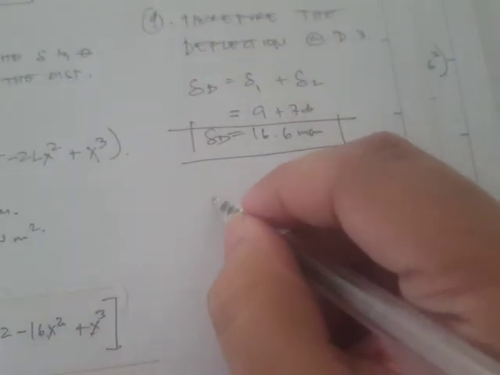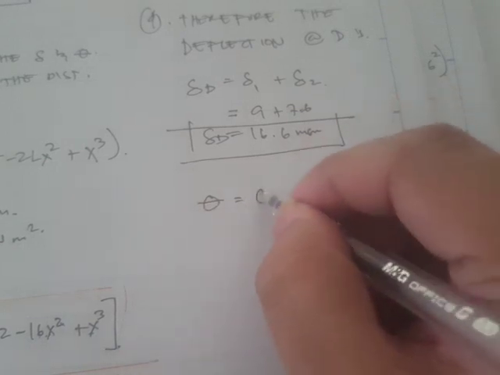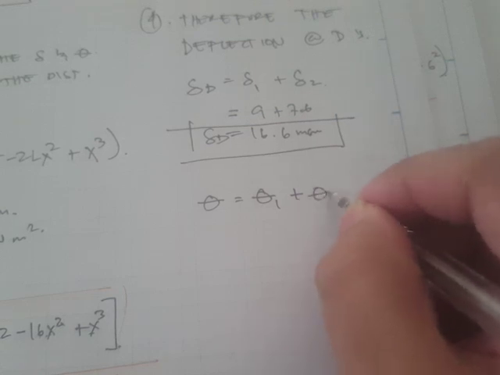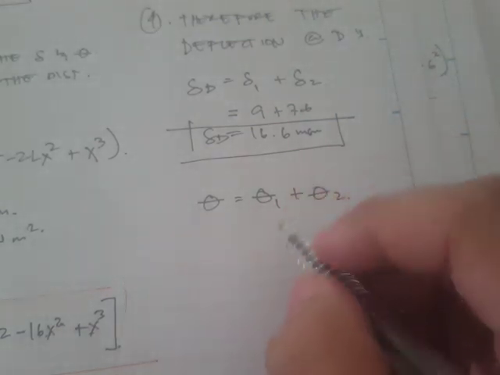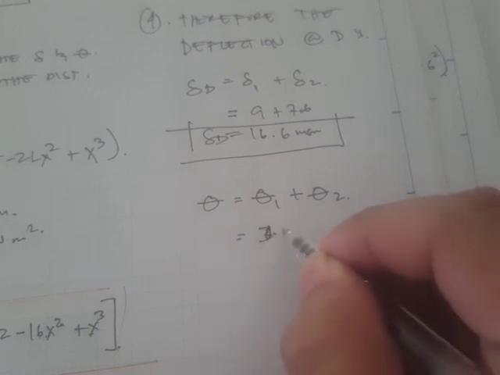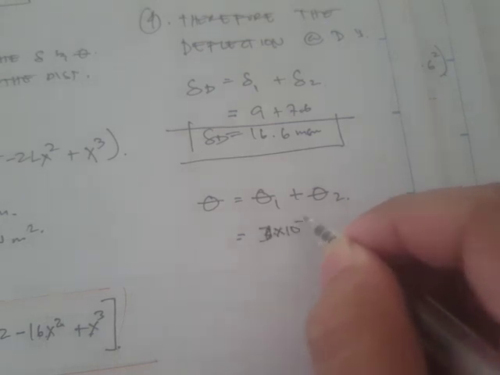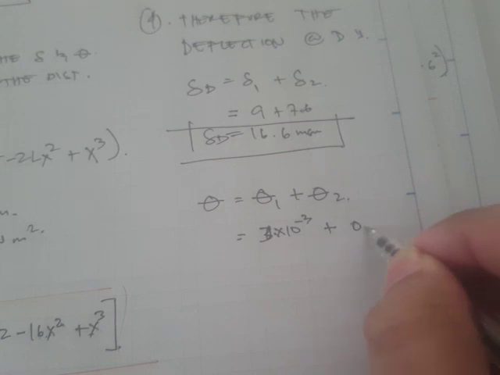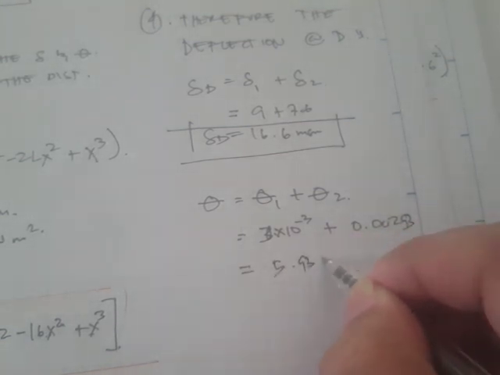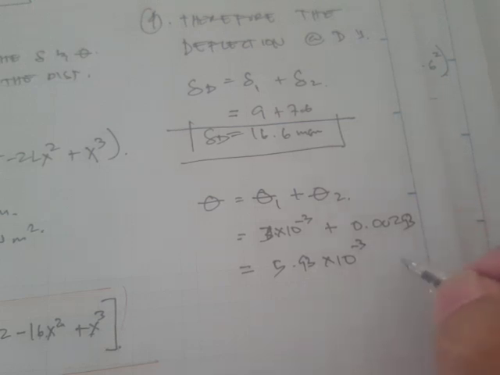And for the slope, it is simply the slope produced by the concentrated load plus the slope produced by the distributed loads, and this is just 3 times 10 to the negative 3 plus 0.00293, which is equal to 5.93 times 10 to the negative 3. This is in radians.